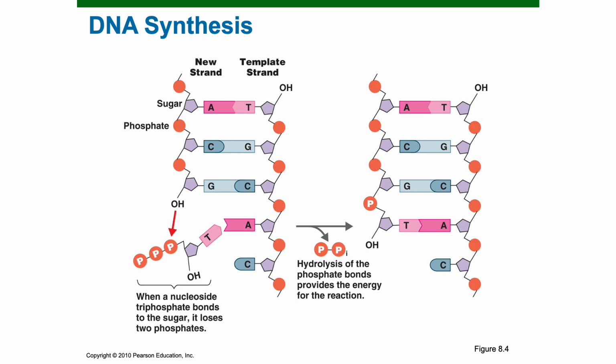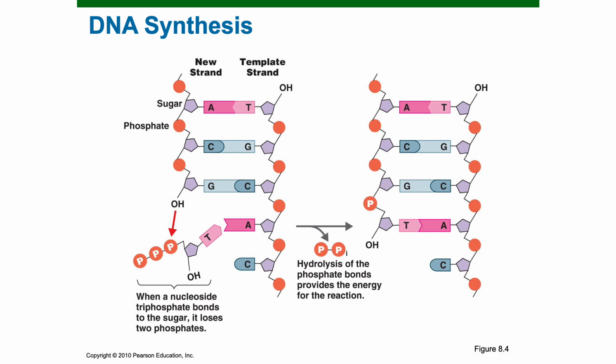The old strand serves as a template, and DNA polymerase makes sure that thymine is across from adenine, adenine is across from thymine, and cytosine is across from guanine, and vice versa. The enzyme doesn't have to know the sequence, it just makes sure that the fit is right. Lots of ATP is used to energize the nucleotides and form the bonds. And so this is how DNA replication occurs.